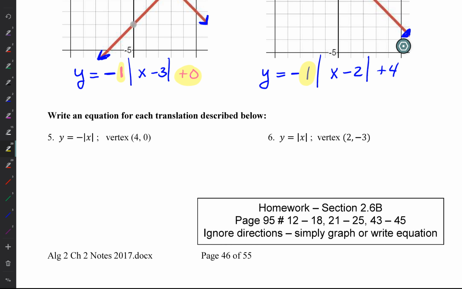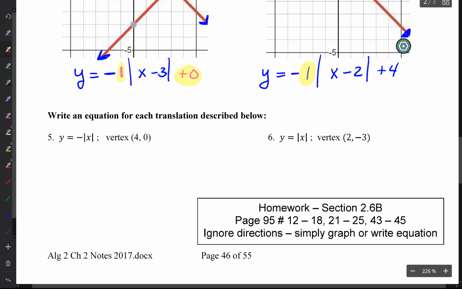Finally, we're asked to write an equation for the translation described below. I think the best way to approach these problems is really very quickly just to sketch them. So I'm going to sketch this with a vertex at 1, 2, 3, 4. It's negative, so it's going to go down. So that's our basic problem. And the translation is saying, where do we translate from this line, y equals negative absolute value of x, over to this one?